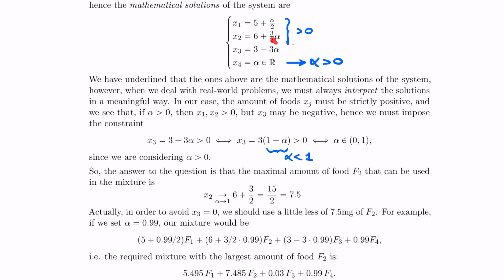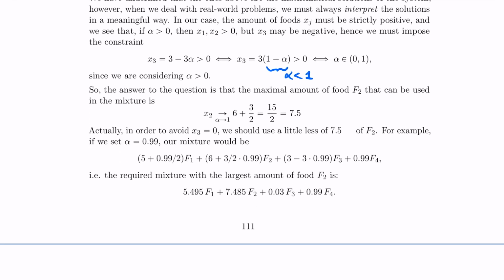If we introduce exactly 1 here, we obtain this value for x2, but in this case we nullify x3, which means that we don't introduce the food F3 in the mixture. So what can we do? Well, for example, we can set alpha to be 0.99. And if we introduce this value in the expression of the solutions, we obtain these two expressions here.